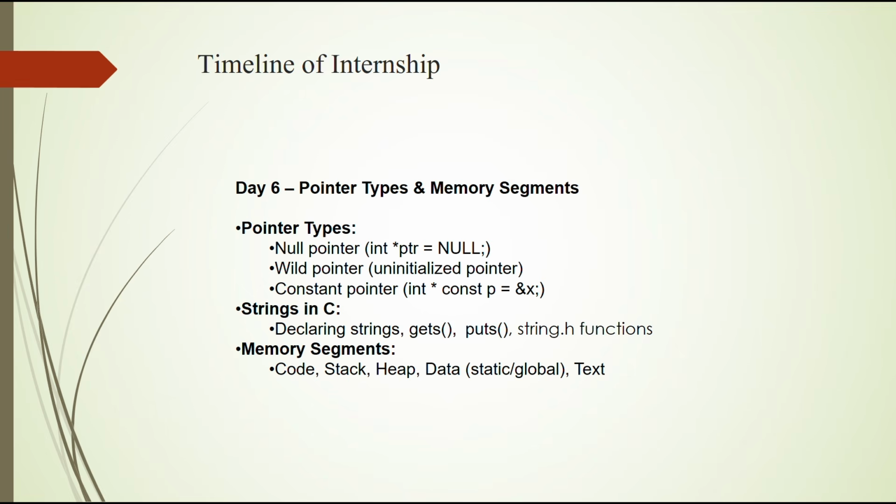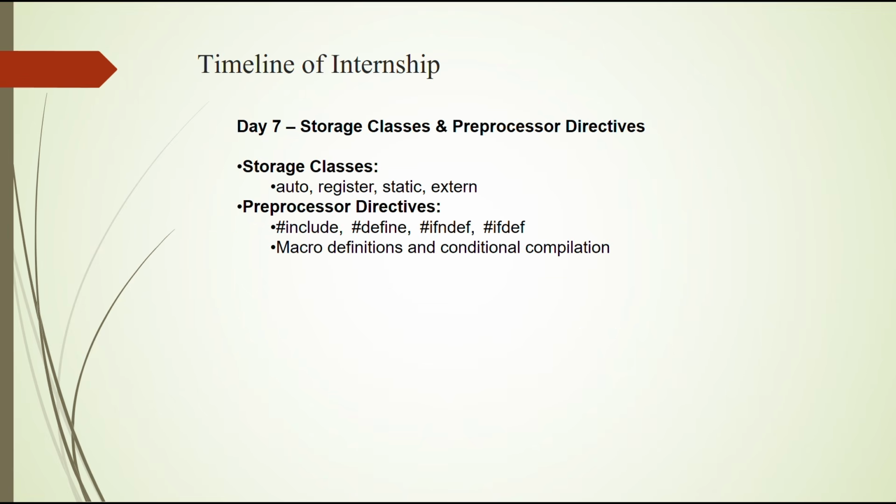Next we learn about memory segments, how any data is stored in C language. There are different types of segments in which data is stored and executed, like stack and heap. In day 7, we learn about storage classes and preprocessor directives.